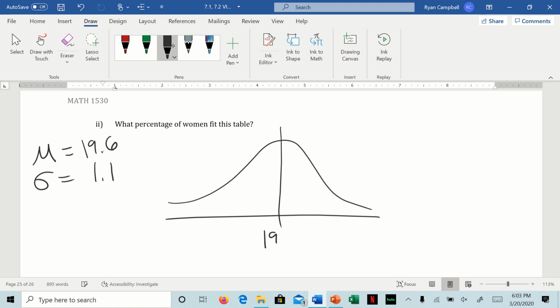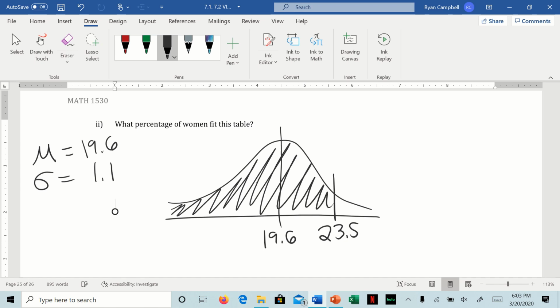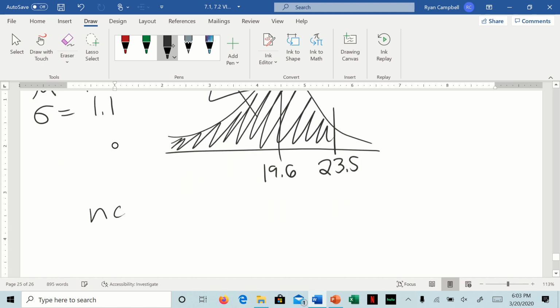The only difference is that our center number is going to be different, right? Our value is still 23.5. It's still to the left. These are the people who can fit underneath it, right? We still do normal CDF. The lower is still negative 9999. The upper is still 23.5.